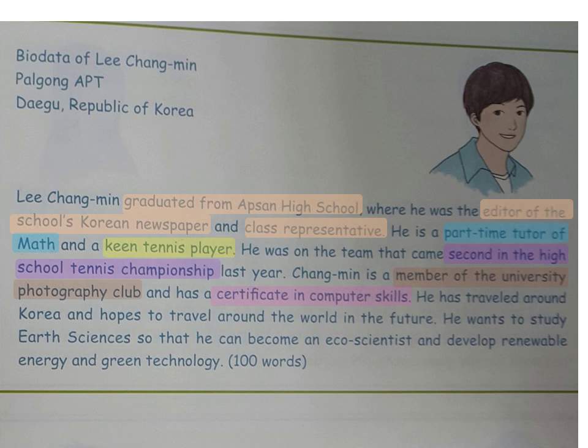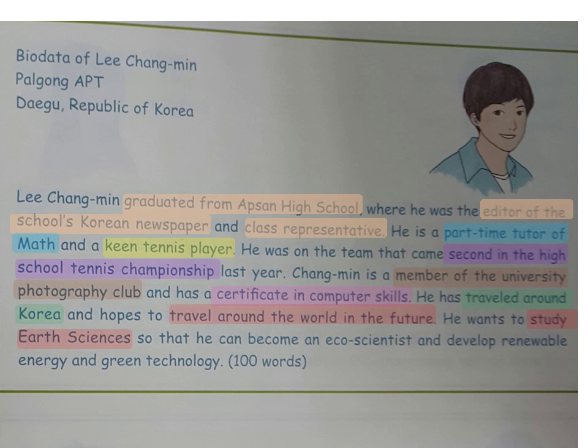Coming down to skills, he got a certificate in computer skills. Because he got a certificate, we could also call that, I would say, an education. Traveled around Korea, that would be green for travel. Now, because this is something he hopes to do in the future, I would mark these ones as red.